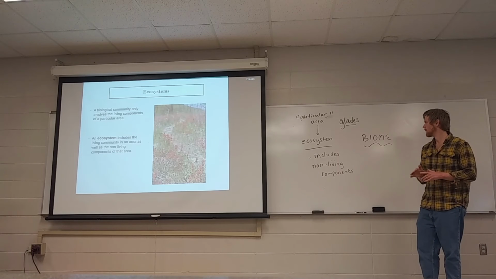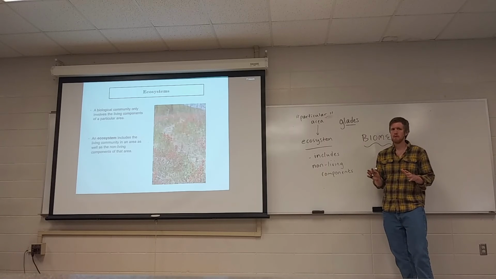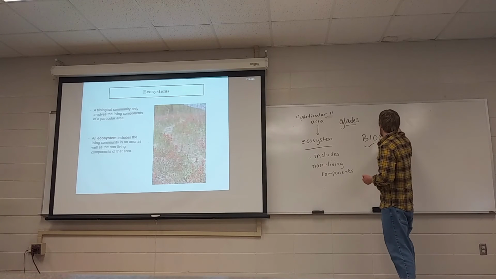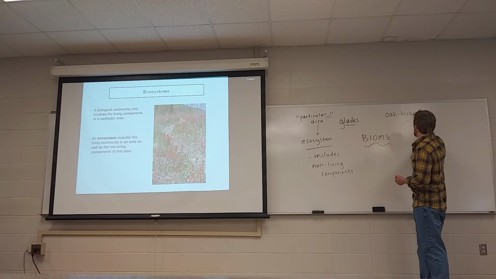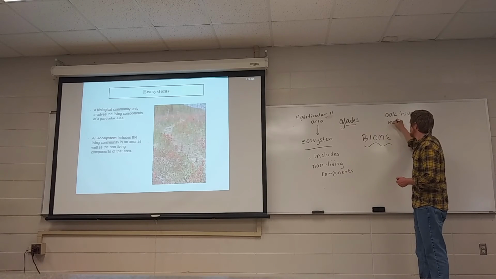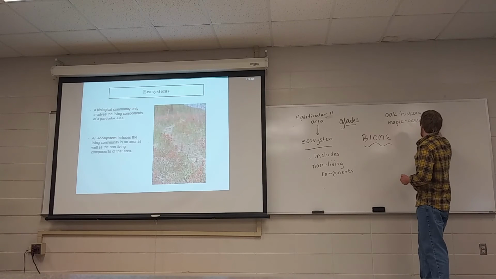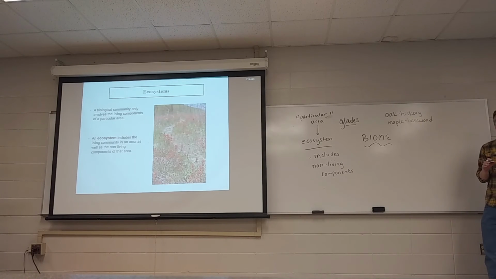But what happens when we get several ecosystems within a particularly large area that are similar to each other, but not necessarily identical? For instance, in Missouri, we mentioned that the dominant forest type is the oak hickory forest. If you go up to Minnesota, you get what's called maple basswood forest. Different dominant tree species.